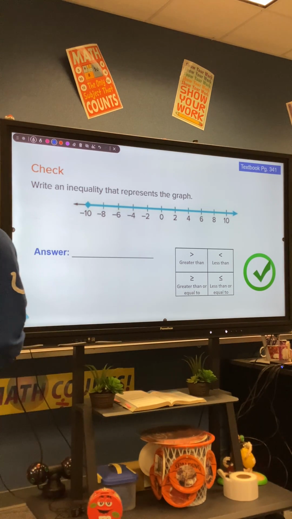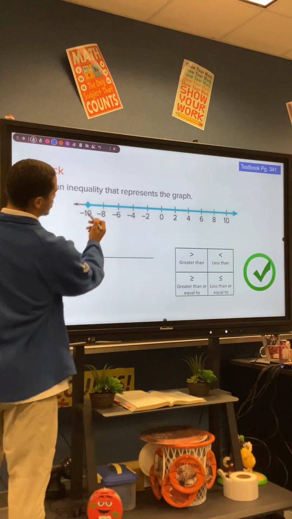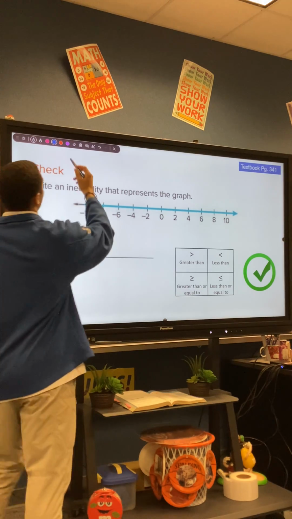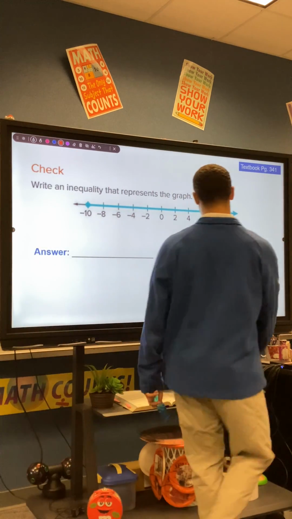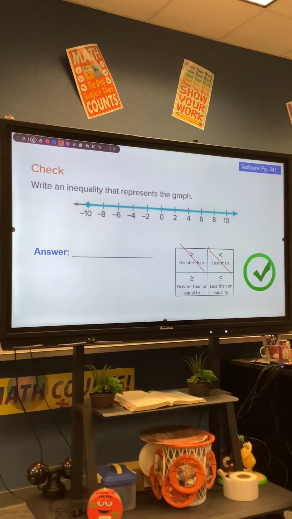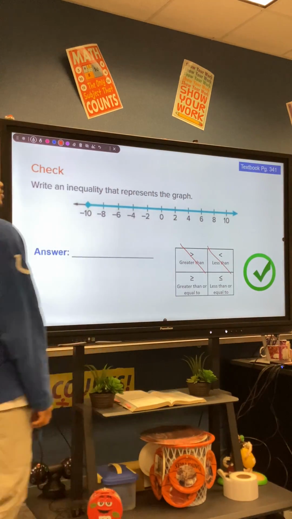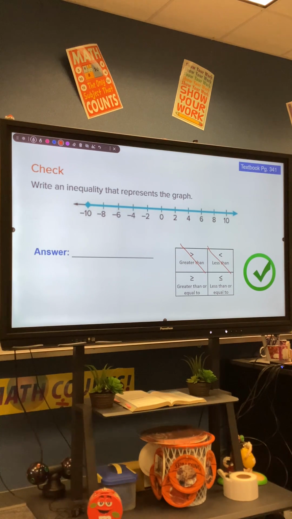Help him out. So, remember, is this an open circle or a closed circle? Mm-hmm. So now that I know it's closed, that means these two answers right here, I know it can't be. Is my arrow going to my right or my left? You're right.